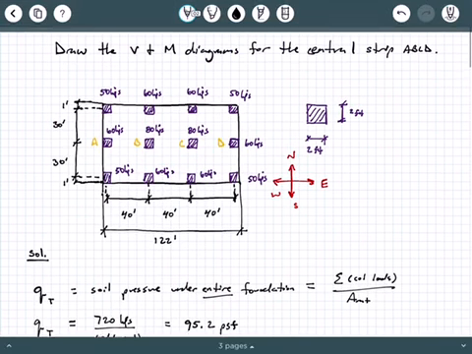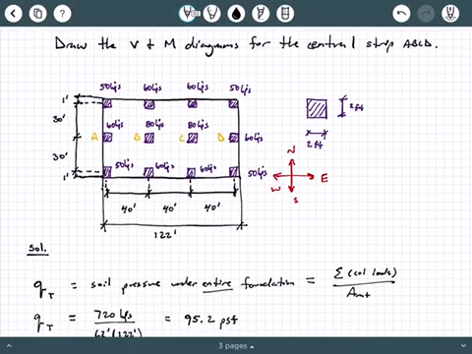Now, one thing to keep in mind: the directions say to draw the shear and moment diagrams for the central strip ABCD. The way this procedure works for rigid foundations is you can consider one strip of the foundation in each of the primary directions.